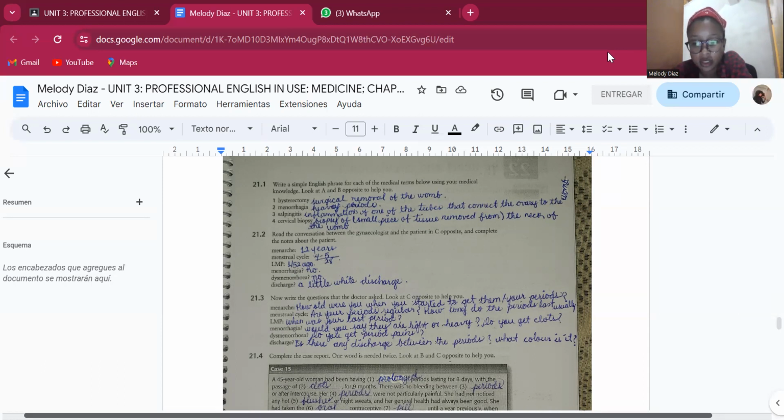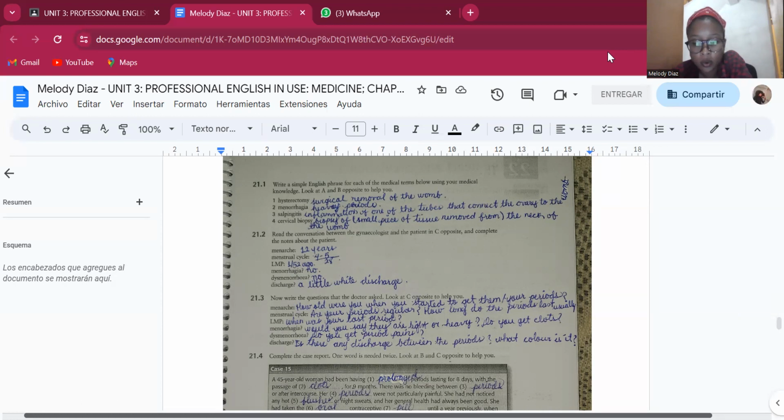Read the conversation between the gynecologist and the patient opposite and complete the notes about the patient. Menarche, 12 years. Menstrual cycle, 4 to 5 days in a 28 day cycle.